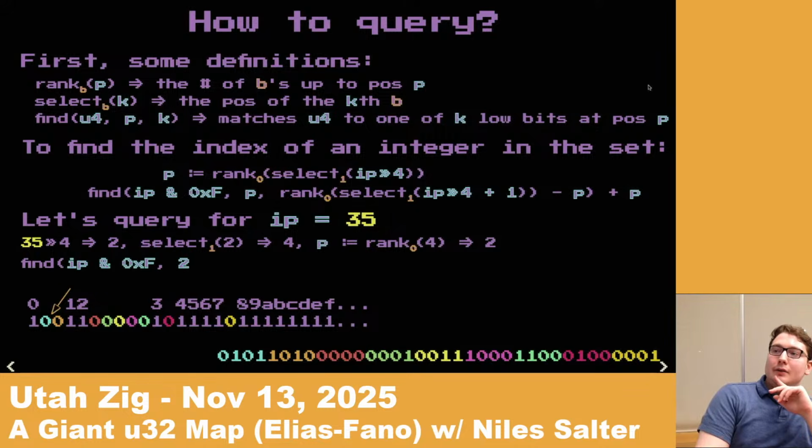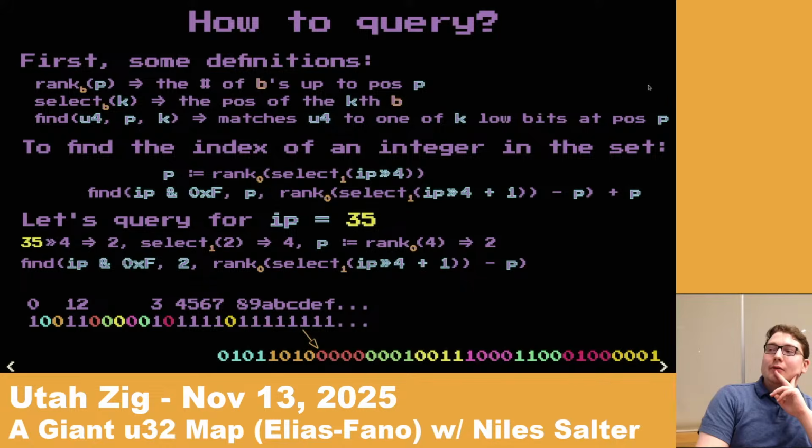Then we want to actually go look in our packed array of U4s at position 2. How many U4s are valid is equal to the number of 0 bits above the rank, above the 1 bit that we targeted before. Okay, so because there are 5 directly above the bit that we targeted, that means we have a slice of length 5.